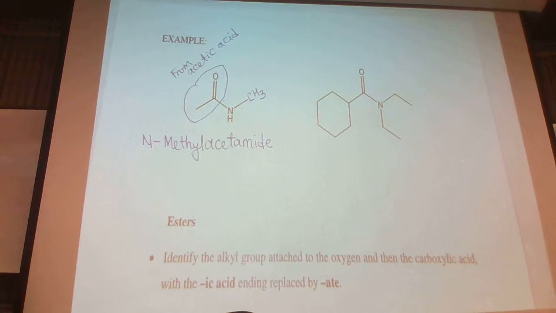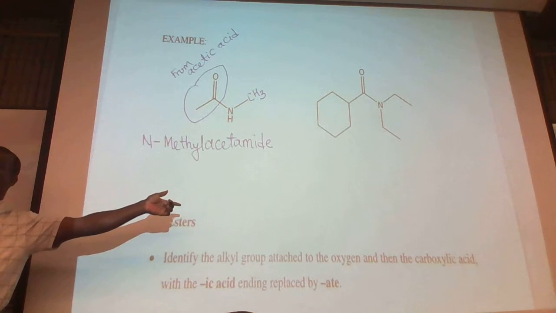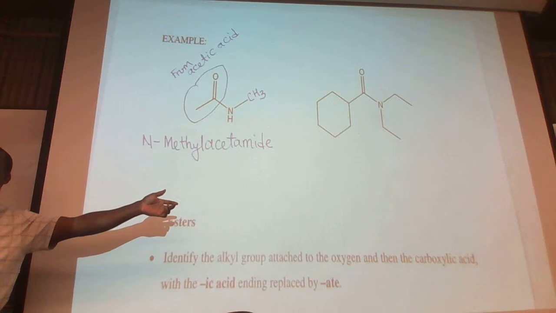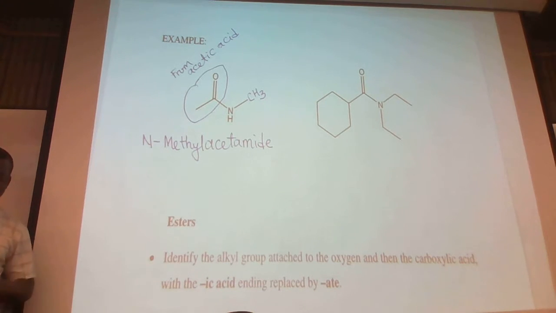Because if you say methyl acetamide, a methyl acetamide would be like propanamide, right? If you say methyl acetamide, that would look like that methyl group is coming off of the acetic group, right? So that's why you have to put the N.